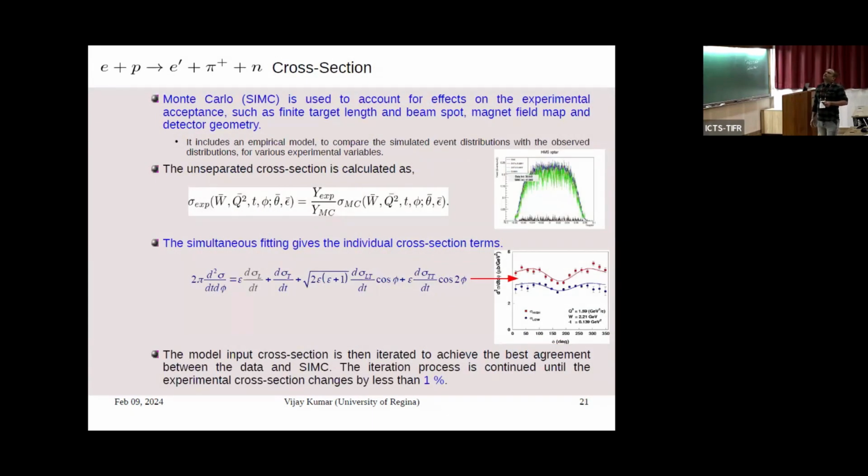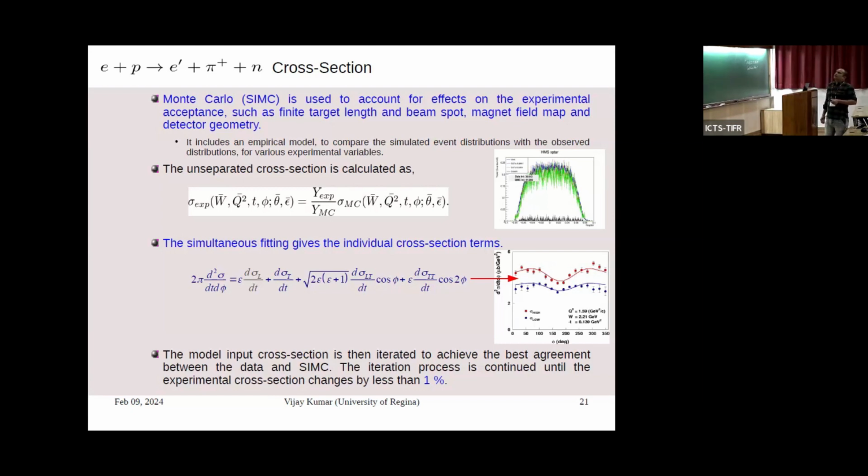For the cross section, we have this Monte Carlo code that accounts for the effects of the experimental acceptance, like the length and beam spot. This code also has an empirical model that produces the cross section. We simulate with this Monte Carlo, SIMC, and then we compare with the experimental data.